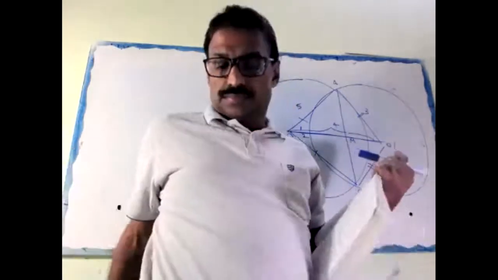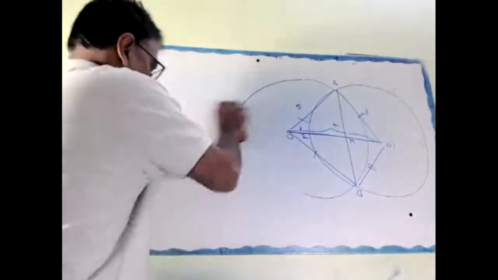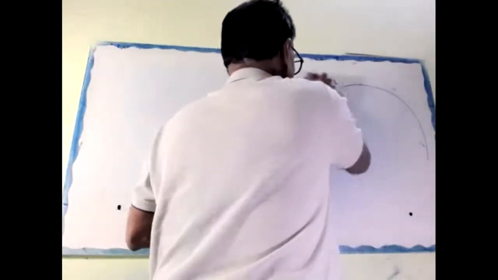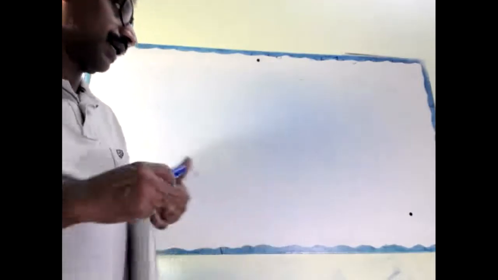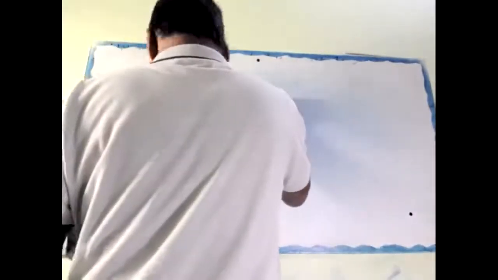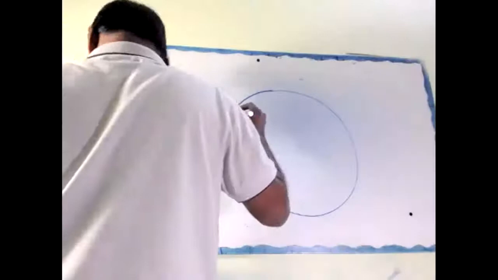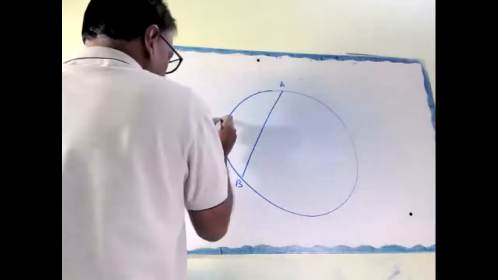Hello, listen here all. If two intersecting chords of a circle, look here: AB and CD.